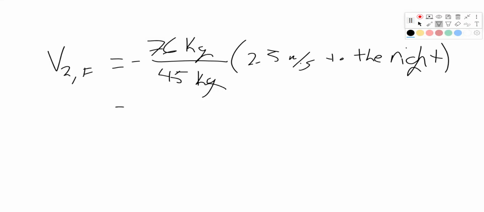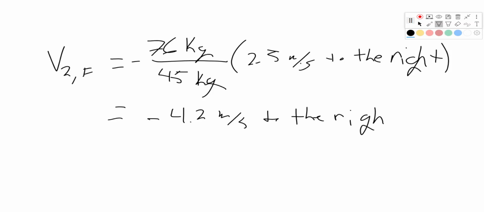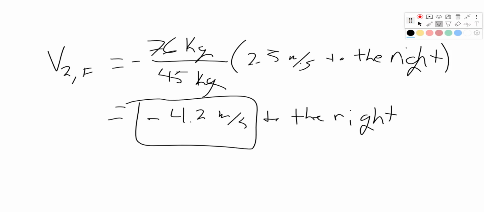So when we do this math, what we should wind up with is negative 4.2 meters per second to the right. We could just report negative 4.2 meters per second, or we could instead erase the sign and say that it was to the left. Either option is acceptable.